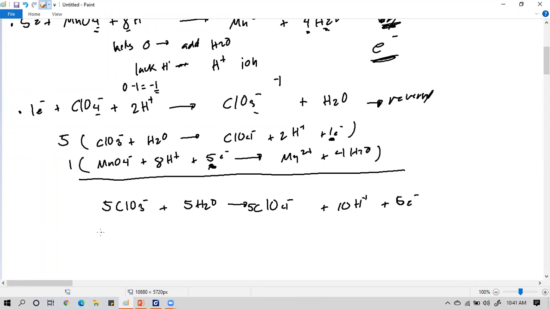Tapos dito naman, rewrite mo lang ulit: manganate ion plus 8H positive plus 5 electrons equals manganese 2 positive plus 4 H2O.